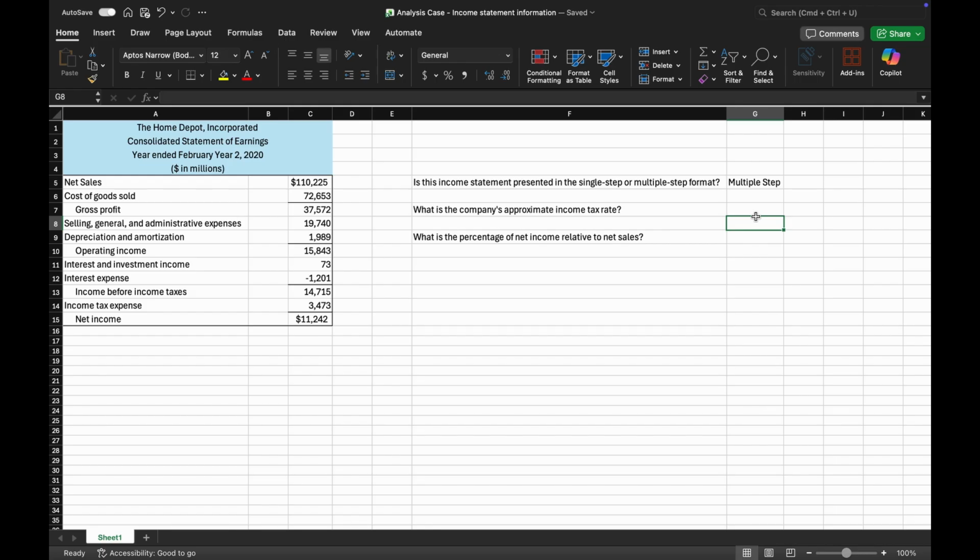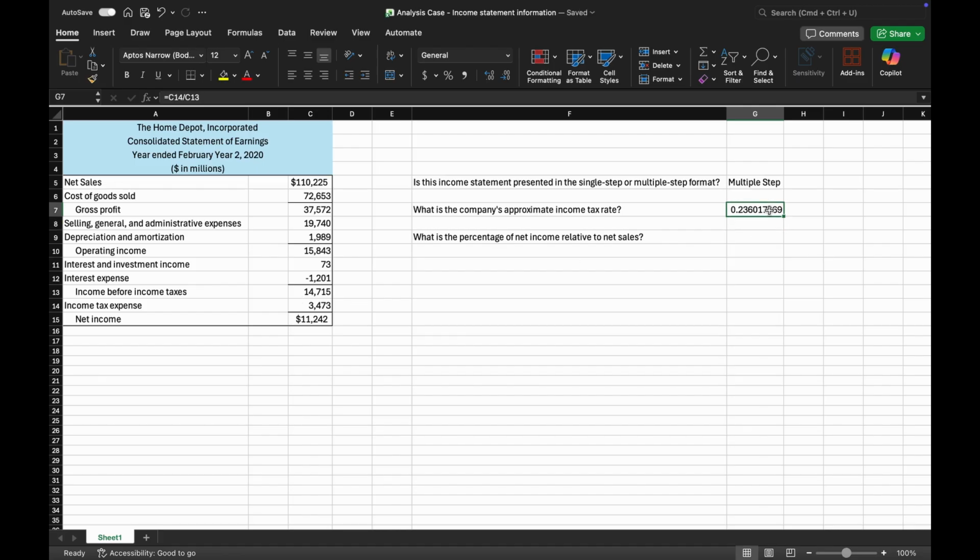Alright, so for this second question, what is the company's approximate income tax rate? This is a pretty easy percentage to figure out. All you have to do is divide income tax expense by the income before income taxes. So for us, we can just do equals and then the income tax expense of $3,473 million divided by the income before income taxes of $14,715 million.